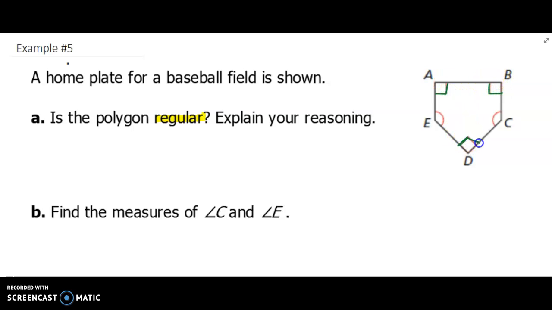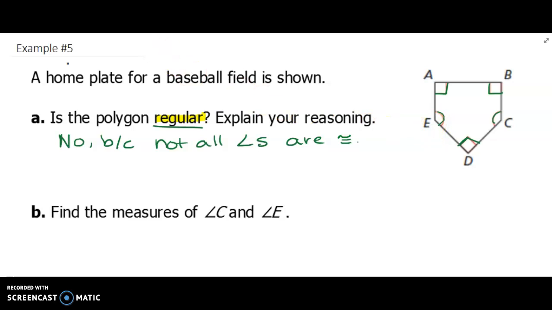We have 3 right angles, and then angle C and angle E are obtuse, which means they're not right angles. So that immediately tells us this can't be regular because the angles are not equal. So no, because not all angles are congruent.